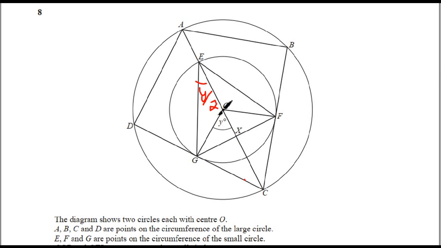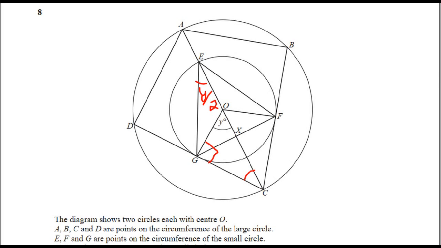Part 2, find GCX. So G to C to X. We need this angle. So for this we know that the angle between a tangent and a radius is 90 degrees. So this angle will be 90 degrees.